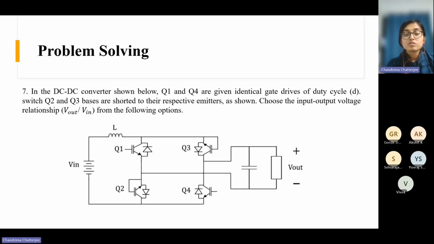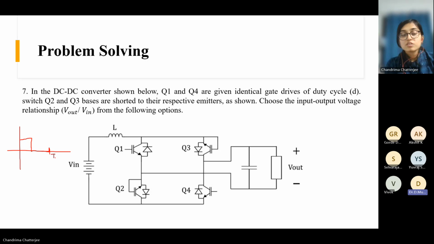So what they are saying is that we are giving identical pulses to Q1 and Q4 of a particular duty D. So suppose this is the pulse for Q1 and this is the time period Ts.